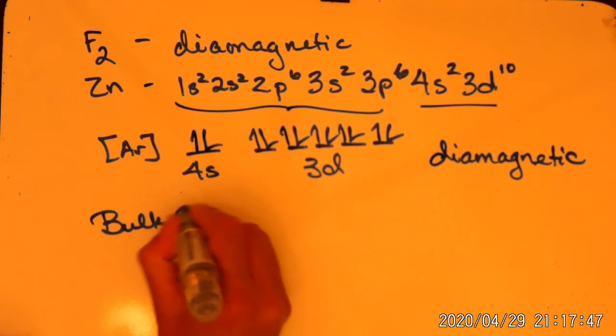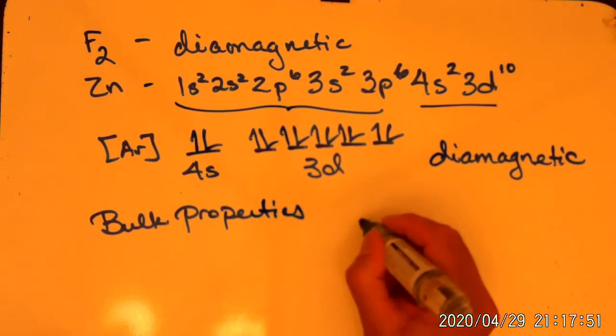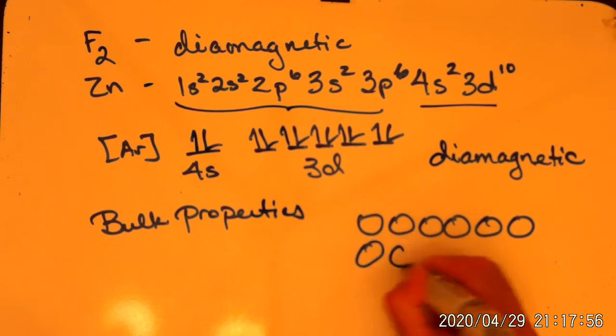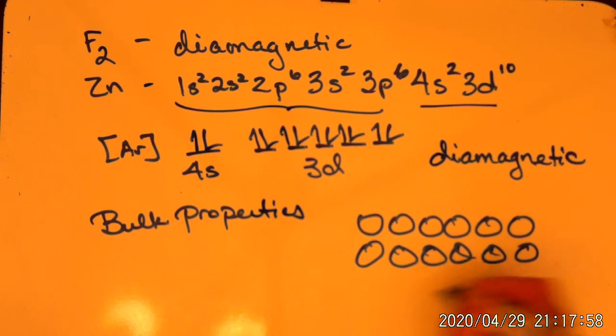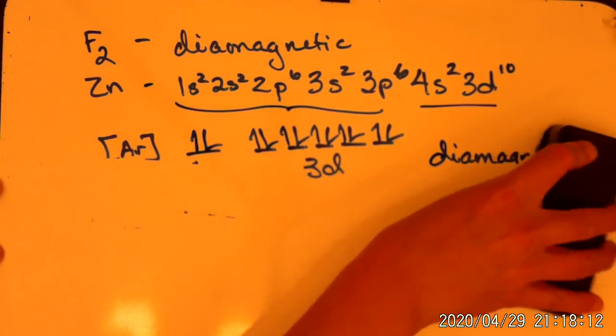When I talk about bulk properties, we're talking about all of your atoms, since we're talking about our metals today, and how they influence each other. So we also have magnetic properties that depend upon how they influence each other.